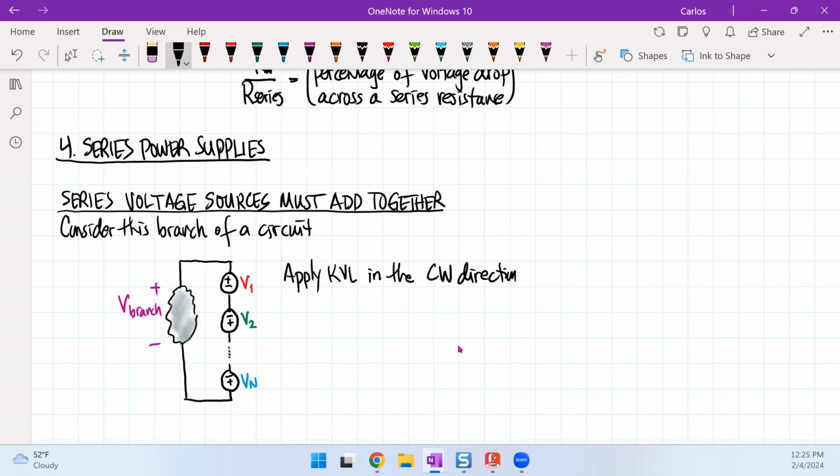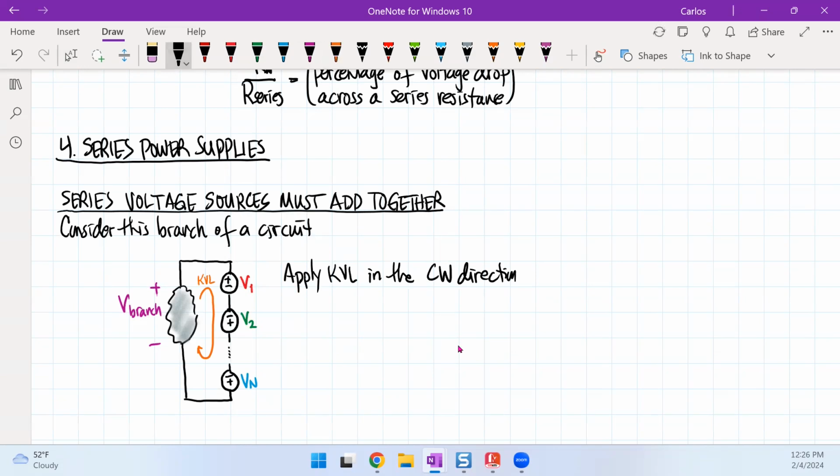In other words, I'm going to pick my direction along this loop going like that. So here I'm going to apply KVL going around the loop in the clockwise direction.